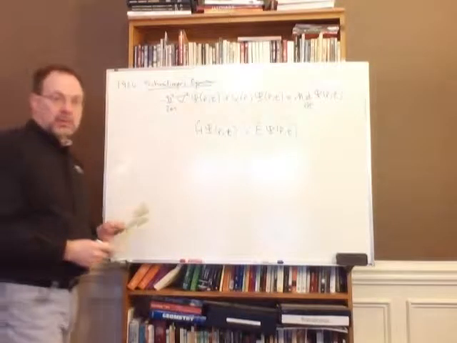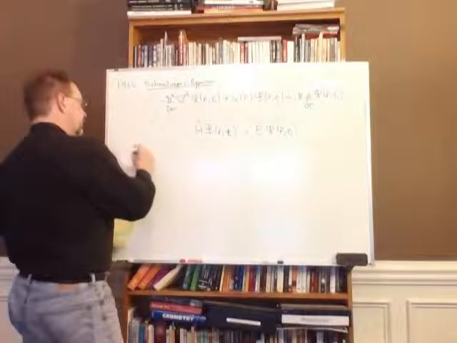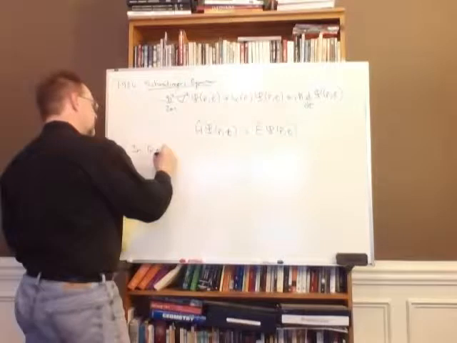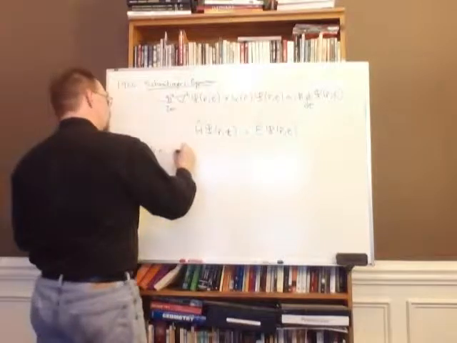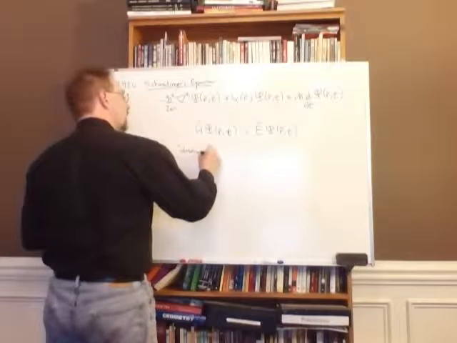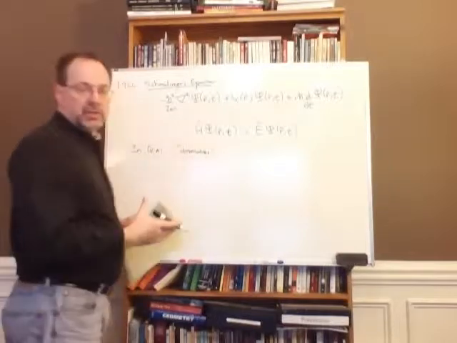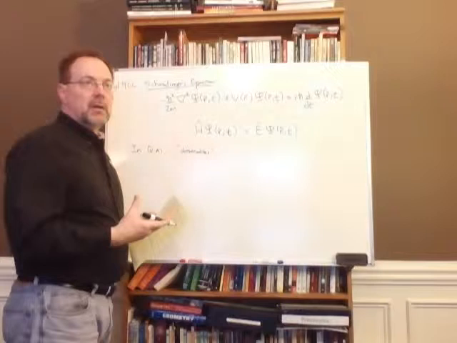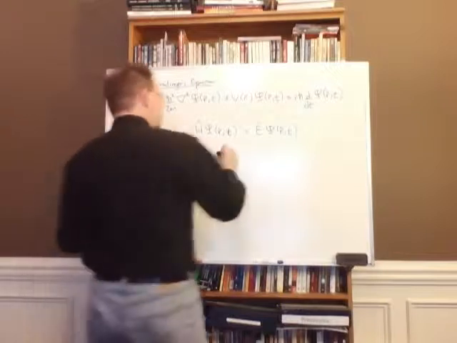What we have in quantum mechanics is that observables, that is, quantities like energy, position, momentum, have operators associated with them.